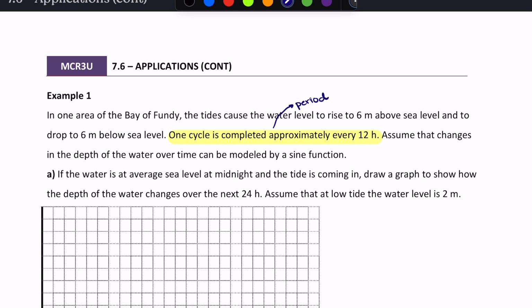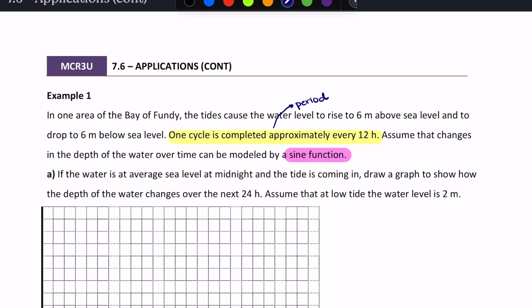Then it continues with, assume that changes in the depth of water over time can be modeled by a sine function. So that would be our parent function that we'll use to indicate any transformations.